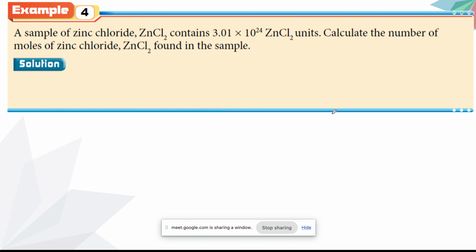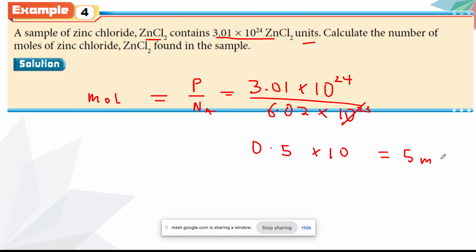For example, if you're given a sample of zinc chloride, it contains this unit. When they use unit, they talk about the ion, right? Because this is ionic: zinc positive ion, chlorine minus ion. So here, mole is the number of particles. Particles is divided into atoms, into molecules, and into units or ions.